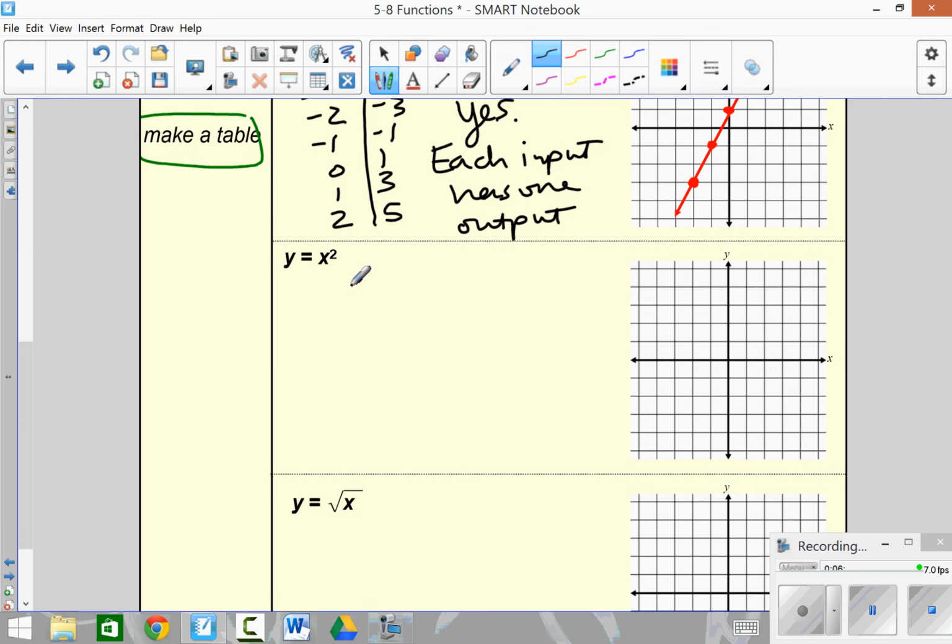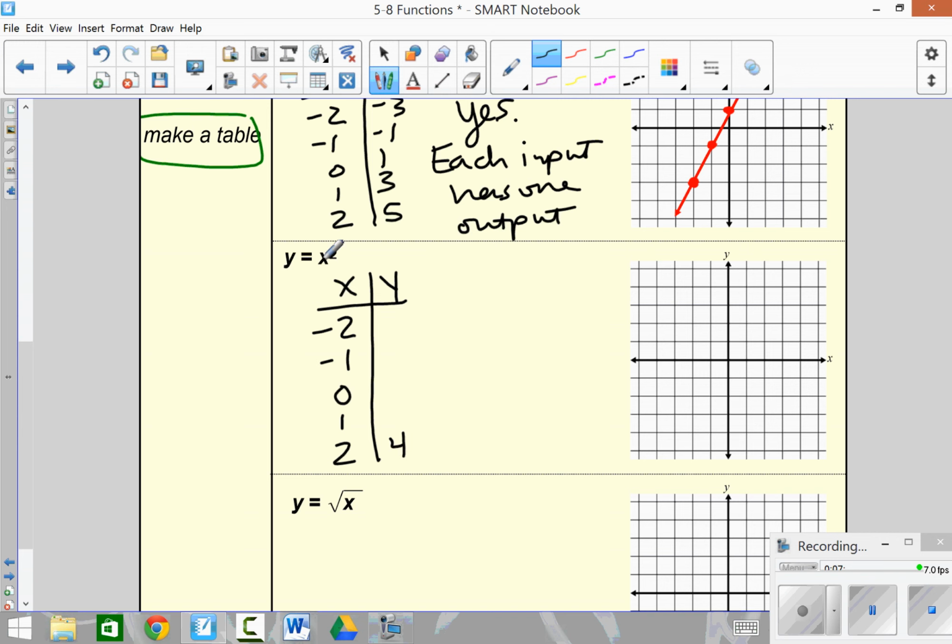So again, we're going to make an input-output table here, an xy table. Let's use the same inputs we used previously: -2, -1, 0, 1, and 2. Let's input each one of these x's into our equation x squared and see what the output, the y, is. Let's start with the positive 2. I always like to start with the positive. If I put 2 into my x, 2 to the second power is 4.